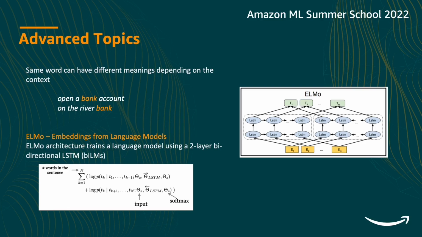And the way this language modeling task is defined is that at every token we want to predict the word in this token using all the previous tokens. So here in this equation, we want to predict the probability of the token at cat given all the other previous tokens.